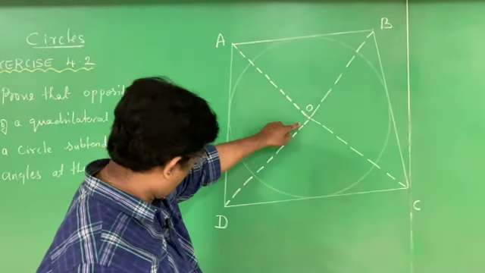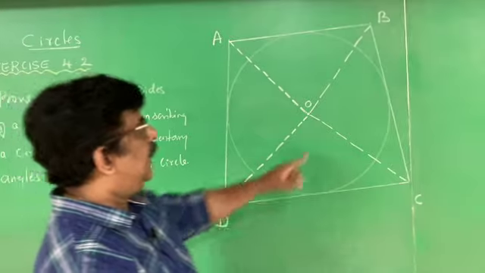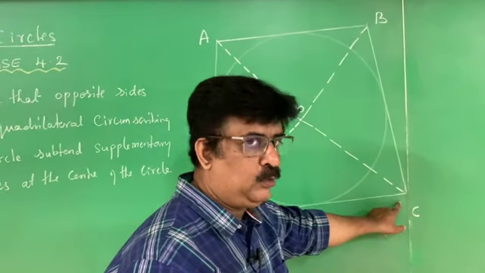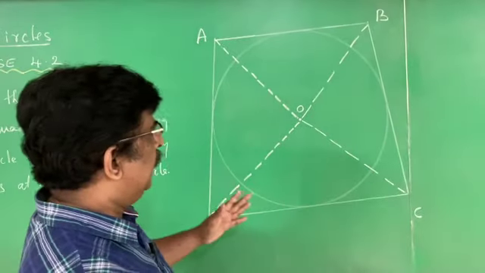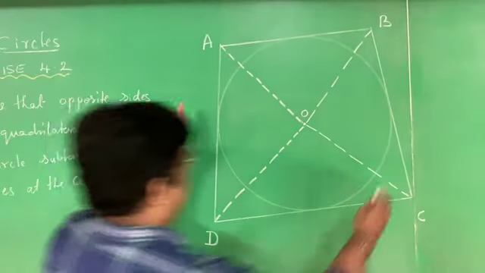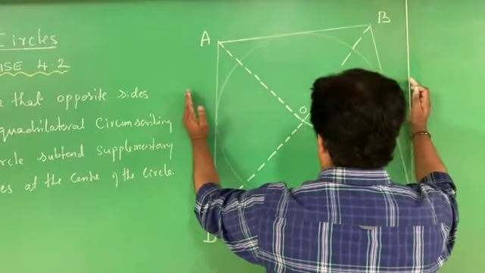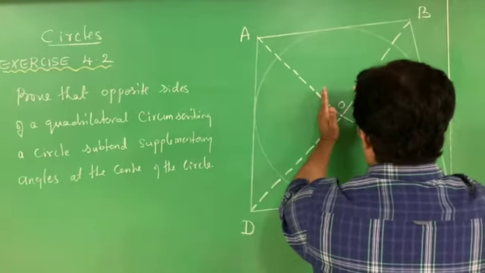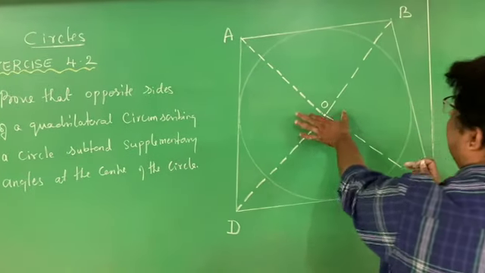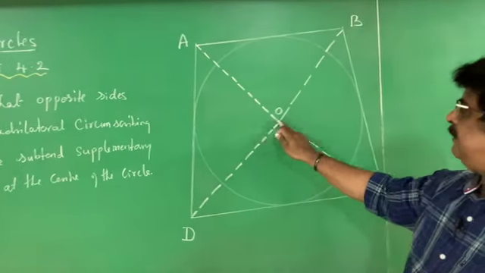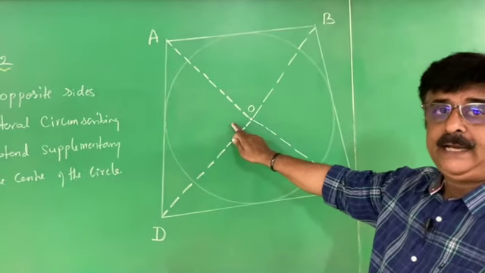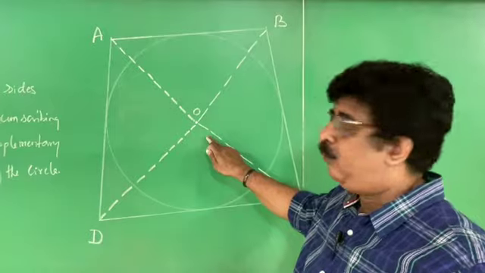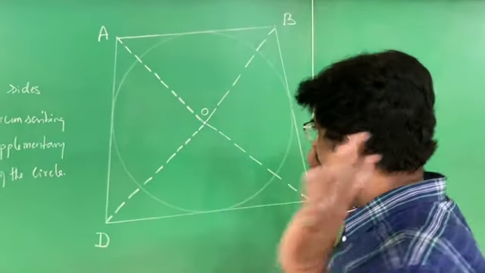Angle AOD plus angle BOC is equal to 180 degrees. These two angles when you add, you get 180 degrees. Same way, these other two angles if you add, you should also get 180 degrees. Simple.